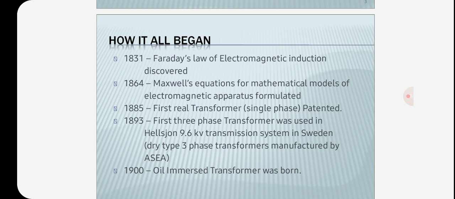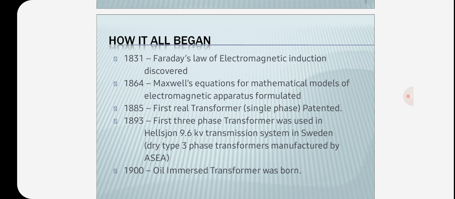In 1864, Maxwell's equations, the mathematical models of electromagnetic operators, were formulated. In 1885, the first real transformer, only single phase, was patented. In 1893, the first three phase transformer was used, in a 9.6 kV transmission system in Sweden.